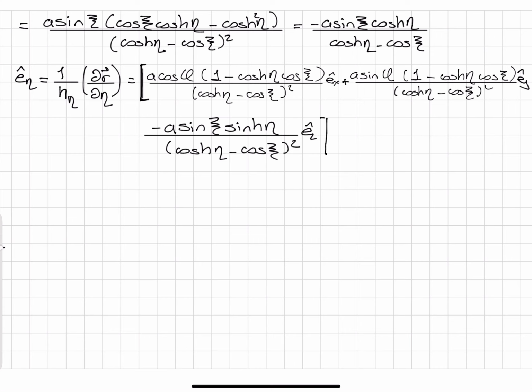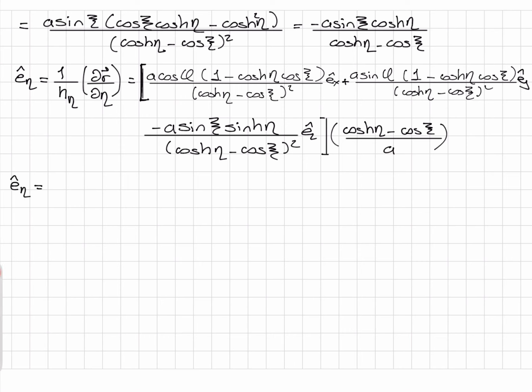And this whole thing will be divided by h eta, which was equal to h psi, so cosine hyperbolic eta minus cosine psi divided by a. So the same thing, the same factor here. Now we're ready to write e eta hat.